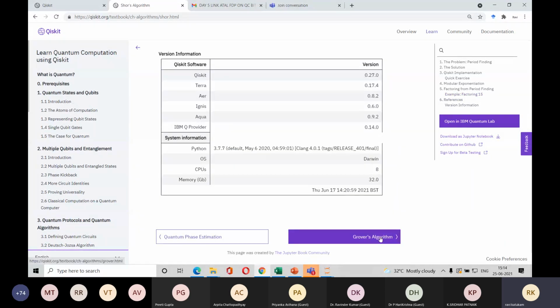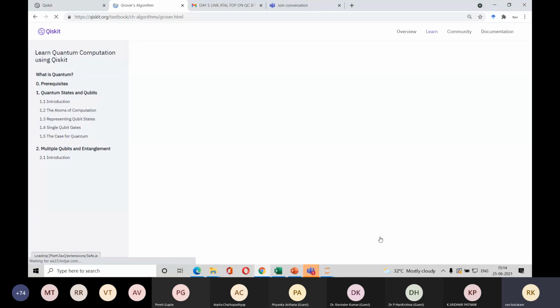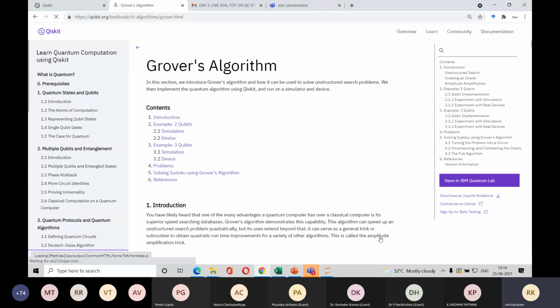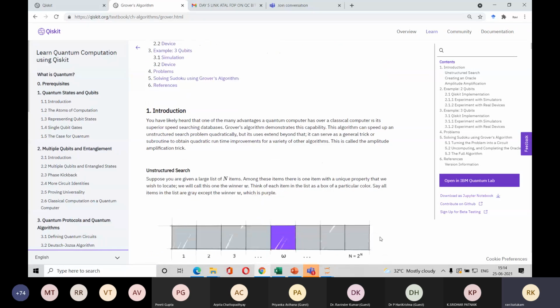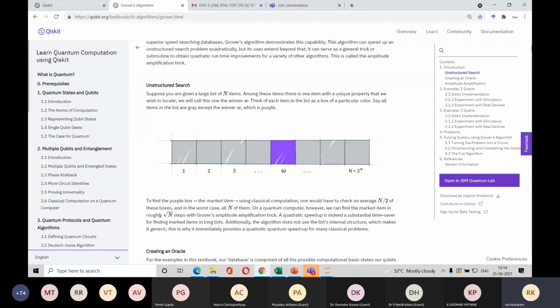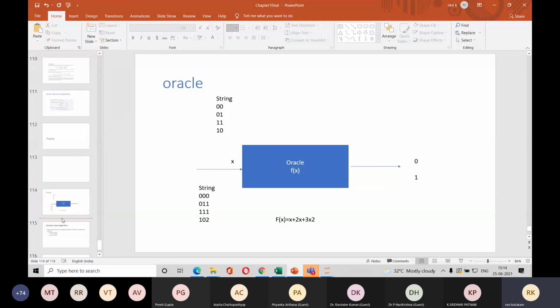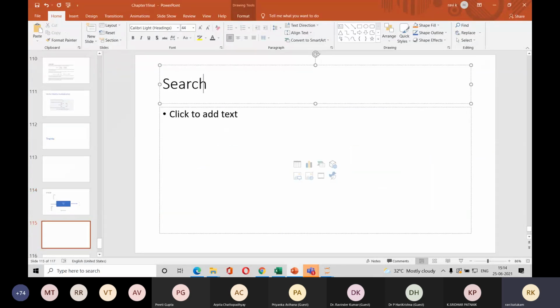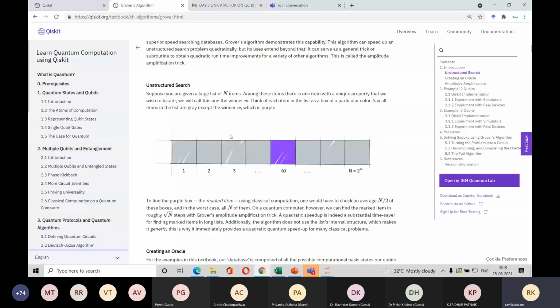Then maybe we can spend more time on the Grover algorithm, on the search space we are interested in. What is this Grover algorithm? Let me take some time. Let us say there is a search problem, an unstructured search.